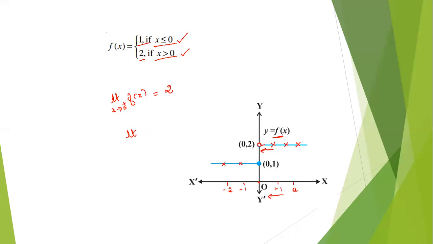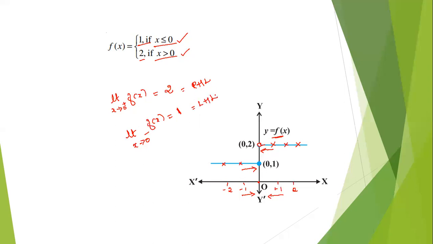If I take the left hand limit, that is represented as limit x tending to 0 minus f of x. If I go close to 0 from the left hand side, then my function value is going close to 1, correct? So here you get 1. This is the right hand limit, RHL, and this is the left hand limit.